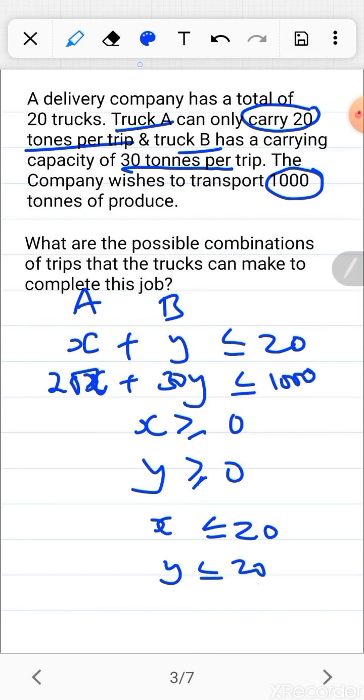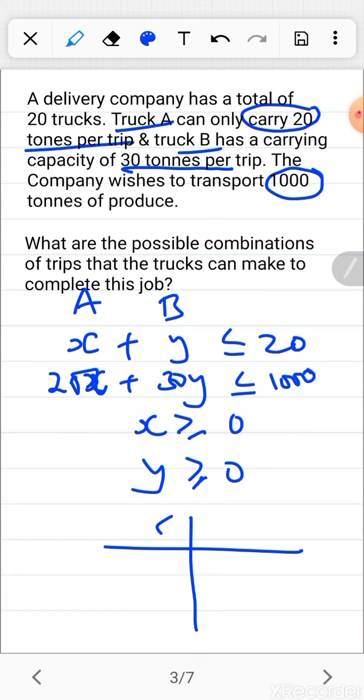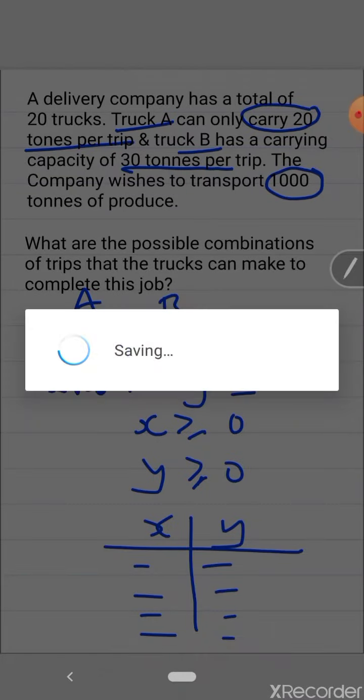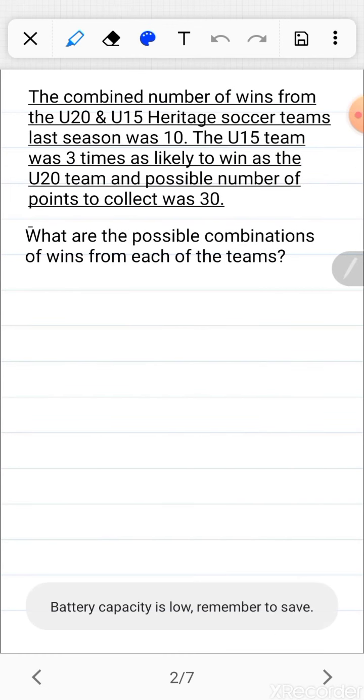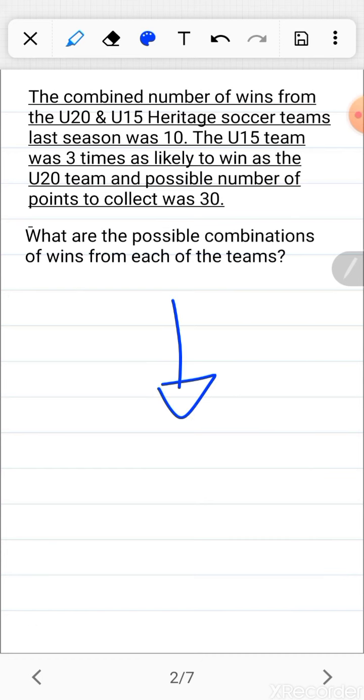But these last two you don't actually need them. So yeah, those are the equations you need. Take them to Desmos. After you take them to Desmos, draw the graphs and look for the intersection of the wanted regions, and then find the solutions. You put them in a table. I'll post this one for you guys to do on your own. That's about it.